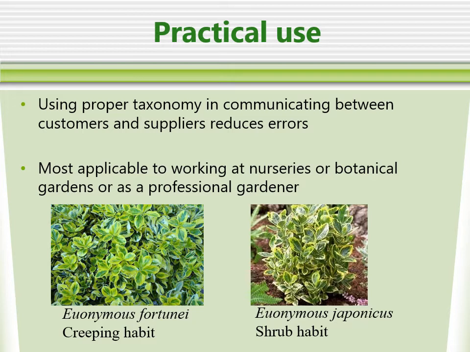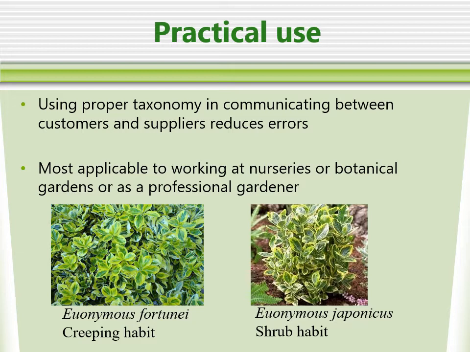An employee working at a nursery needs to understand the genus species, because when you're going out to do inventory or pick orders, or the head grower or manager says, hey, we need you to go take care of the Euonymus japonicus, you need to know where that is. And sometimes the tag isn't all that clear, which is a problem, but anyways.